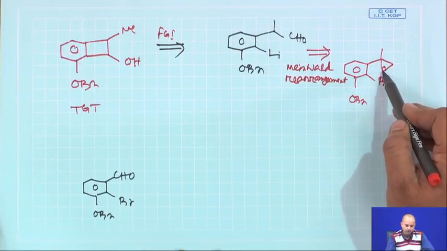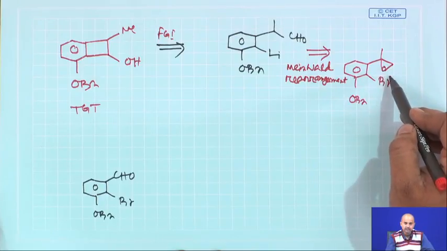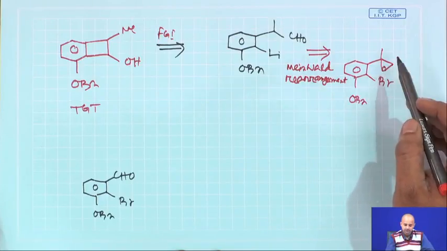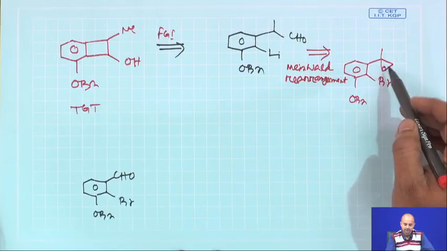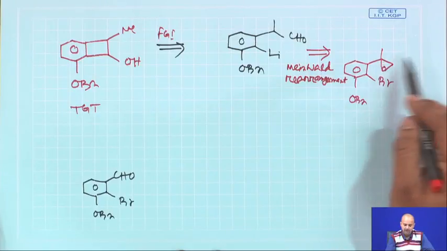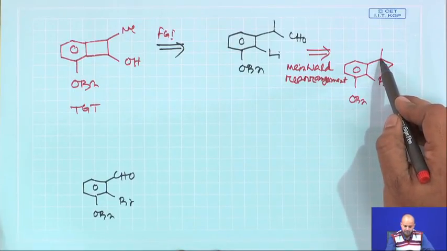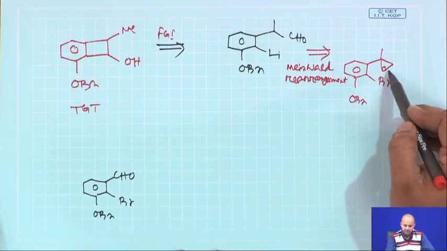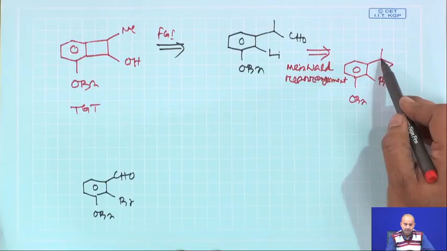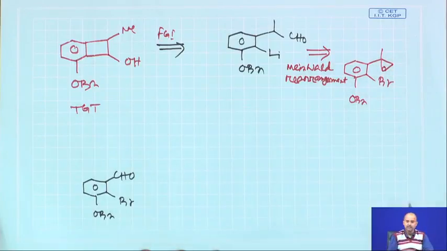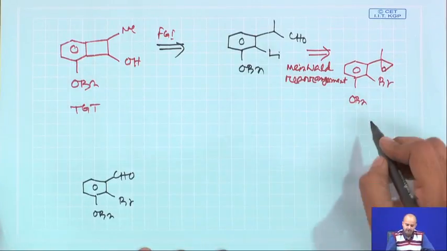Initially you have to coordinate with the Lewis acid and then open up this particular epoxide. So, initially you open this up by putting a carbonium ion here. Then one of these hydrogens migrates and you get this aldehyde through a Meinwald rearrangement.